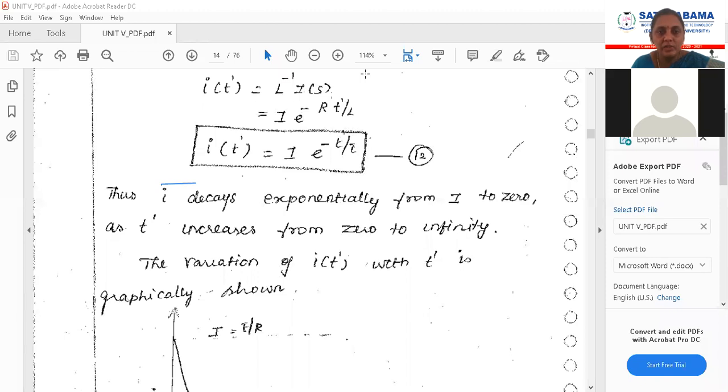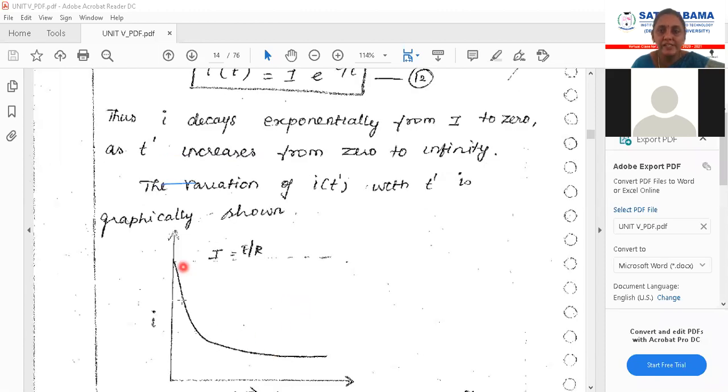Second, small t is equal to 2 times the time constant. Third, t is equal to 3 times the time constant, like that. So what will happen? The time constant will get cancelled and it will be e power minus 1, e power minus 2, e power minus 3. So you can put it in your calculator, get the values, right? When you get the values, try to plot the graph, it will be decreasing like this, okay? I hope you would have understood.